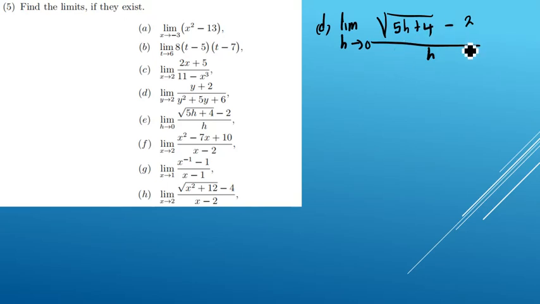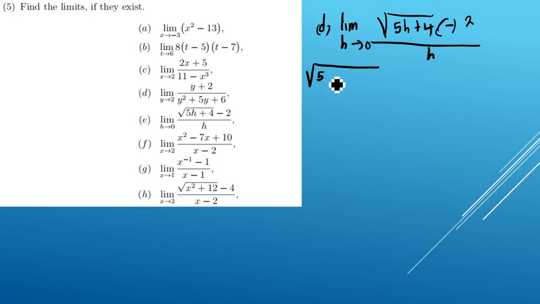For this one, you first of all work out the conjugate. Now the conjugate of this, you simply change the sign. Instead of being negative, it's going to be positive. So we're going to write everything like this.